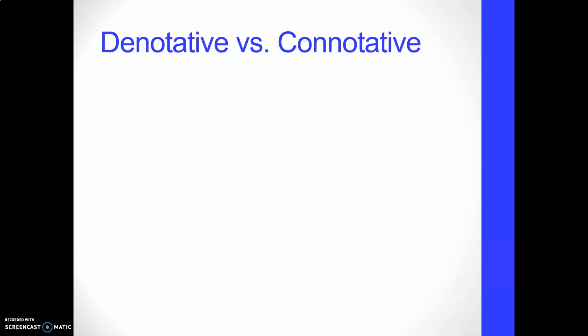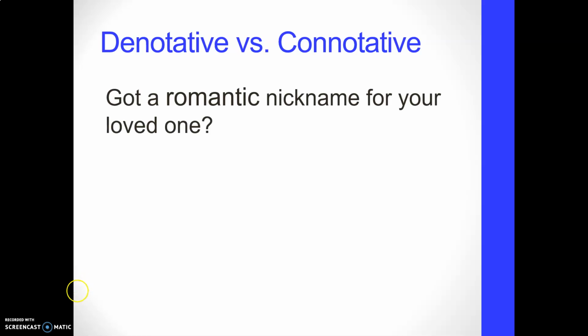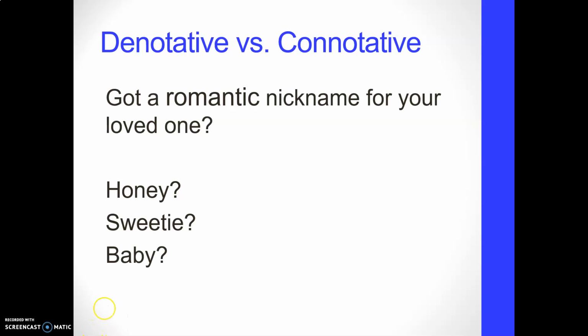Okay, so here is a question for you guys. How many of you have a romantic partner? If you do, may I ask, how do you address your romantic partner? Do you have a nickname for him or her? Well, sometimes I call my husband honey, sweetie, and baby. So I call him honey. Is it because literally he is a bottle of sticky liquid?